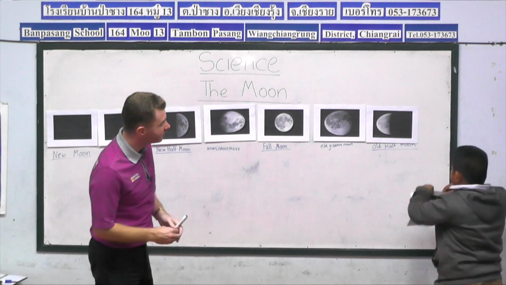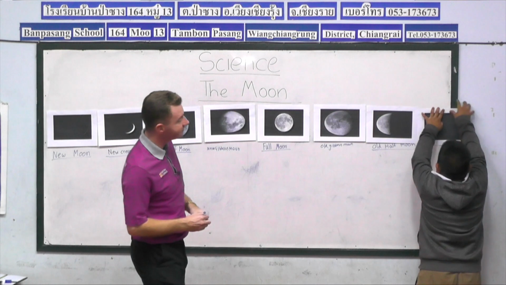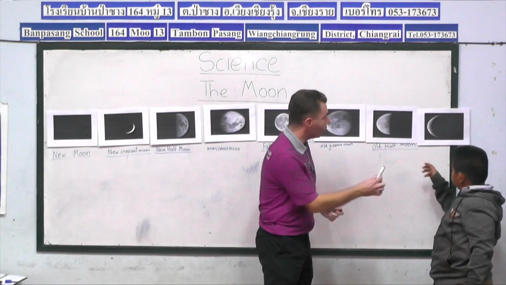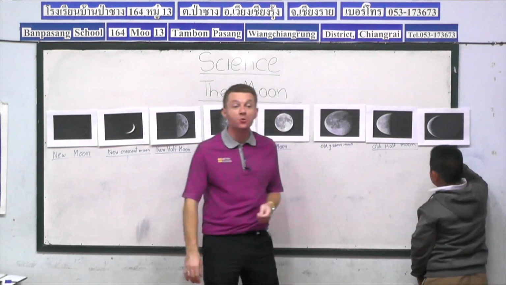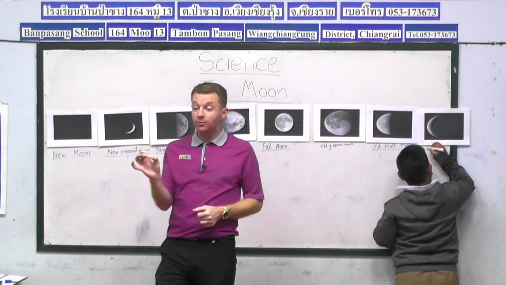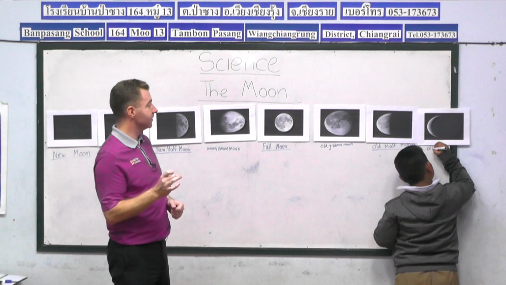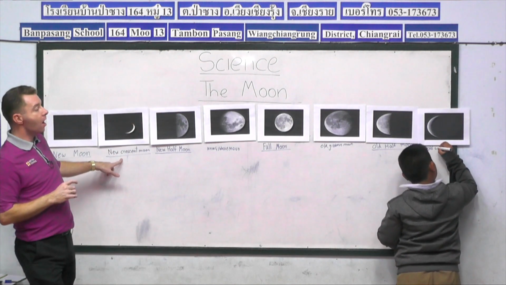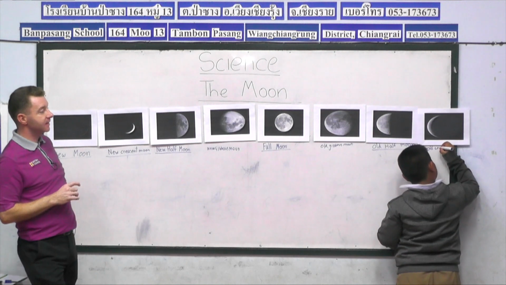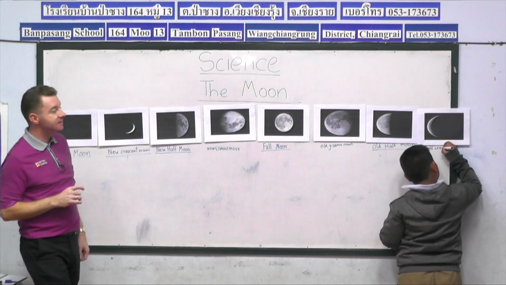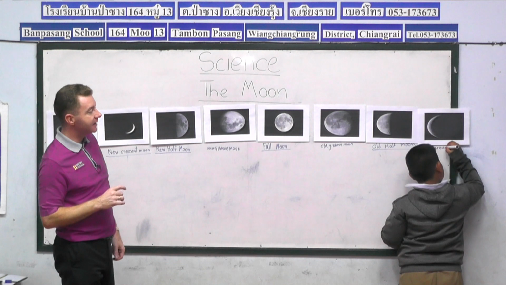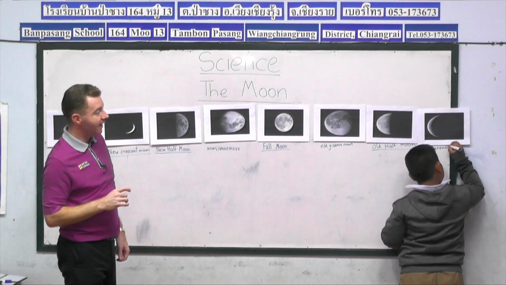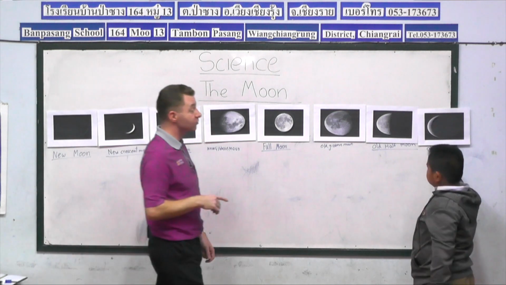So Pat, is there just enough space for Net? Okay, now let's see if you can write here, old crescent moon. O-L-D. And crescent is spelled C-R-E-S-C-E-N-T. Excellent, Net. And then underneath, you can just write moon.